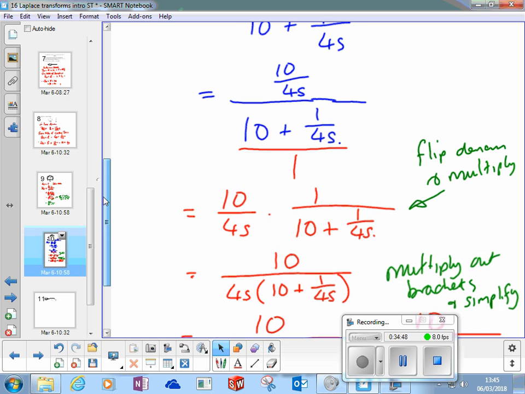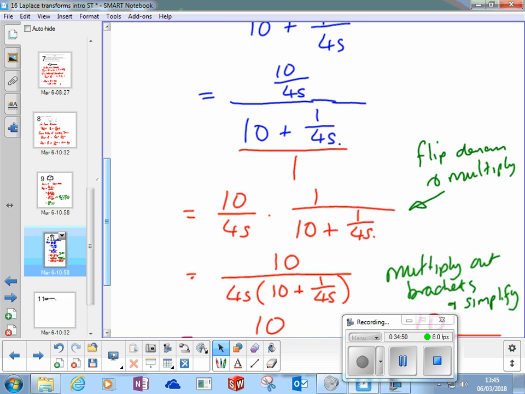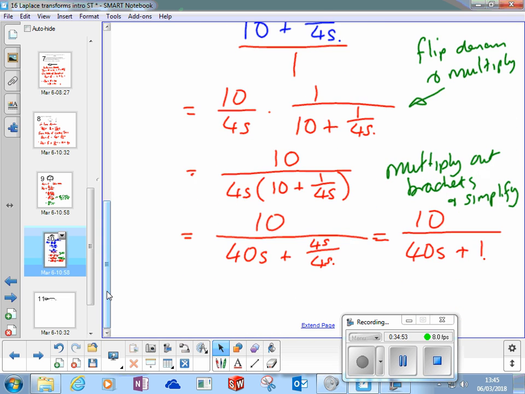We've gone from that up the top there, our initial effort, to that down the bottom there.